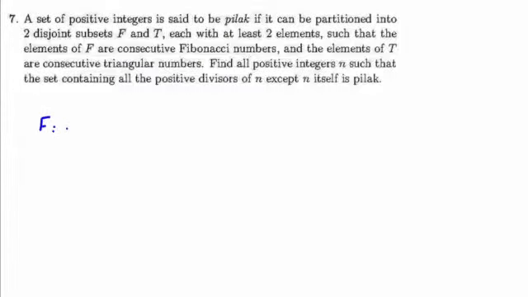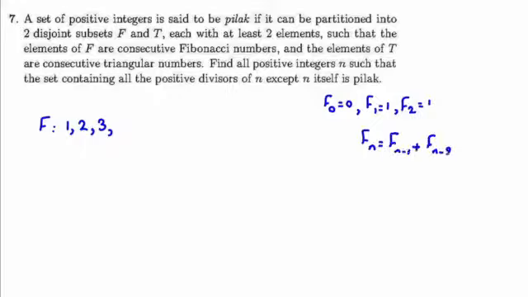Okay, let's write the Fibonacci sequence. F1 is 1, F2 is also 1, sometimes they also say F0 is 0, and Fn equals Fn-1 plus Fn-2 for n at least 2.